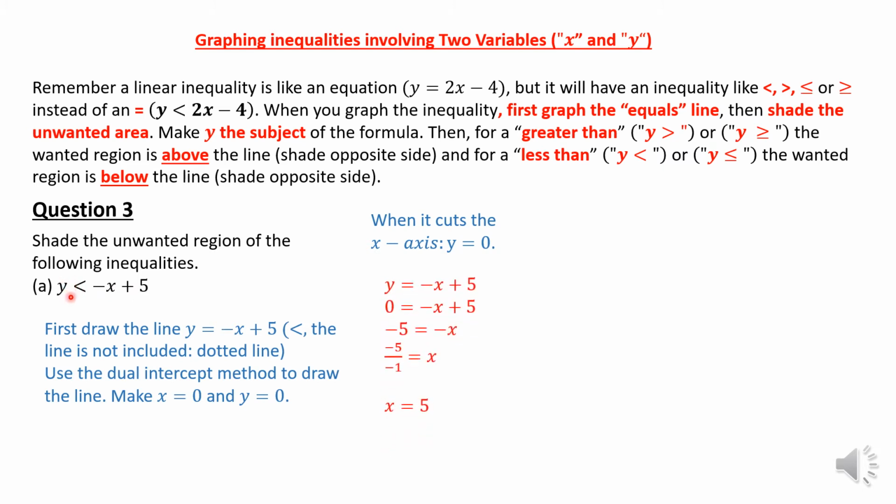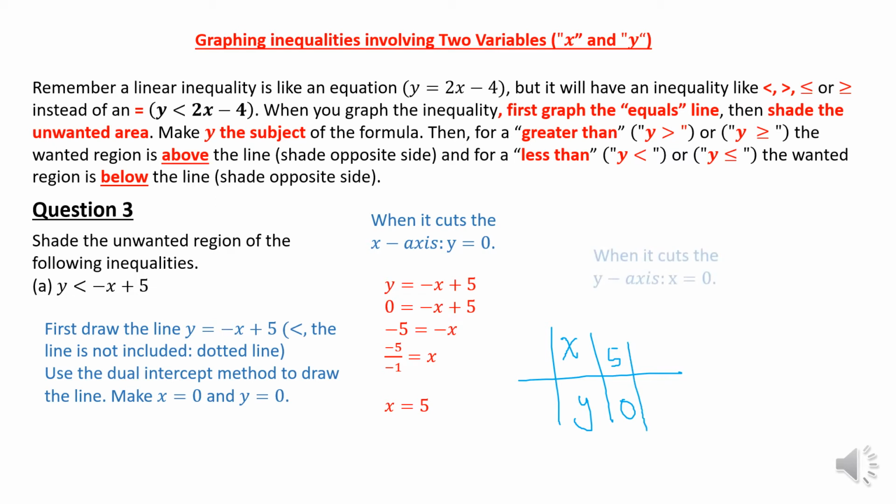So when I make y 0, I solve, I get x to be 5. So essentially, I have a point, for example, x is going to be 5, and my y is going to be 0. So I can plot that particular point.